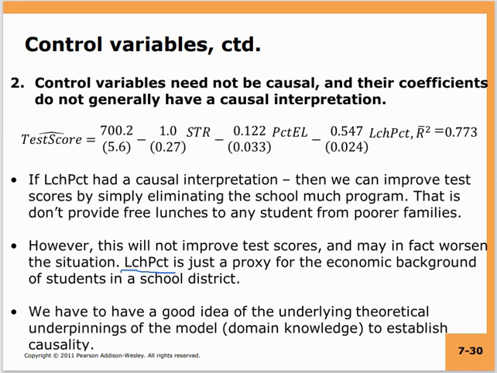Lunch percentage is just a proxy for the economic background. Just by looking at how many people are availing of the free lunches, you can understand what is the economic background. If you had direct data on the economic background, you could have included that variable also, but you don't have direct data, so you use this lunch percentage, which is a proxy variable.